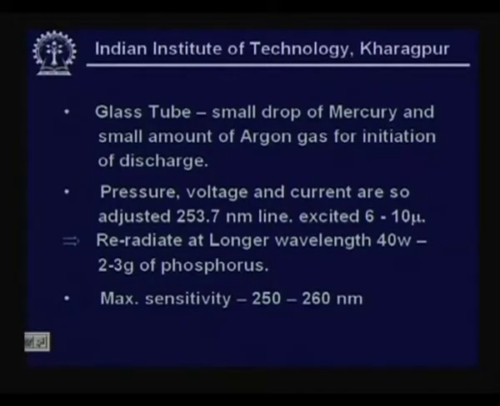And we find that the maximum sensitivity of these. Now, with respect to these phosphors, one talks of sensitivity. Sensitivity means the point on the wave spectrum where they absorb the light and then they re-radiate, of course, in the visible zone.